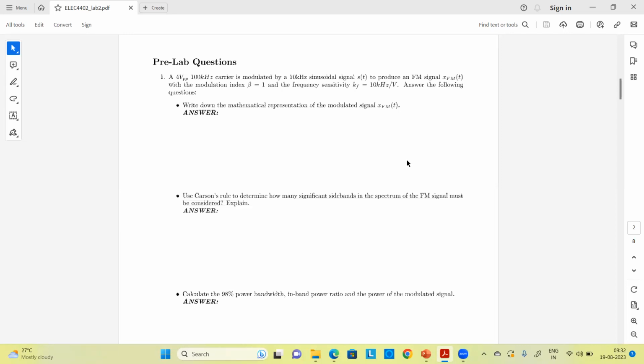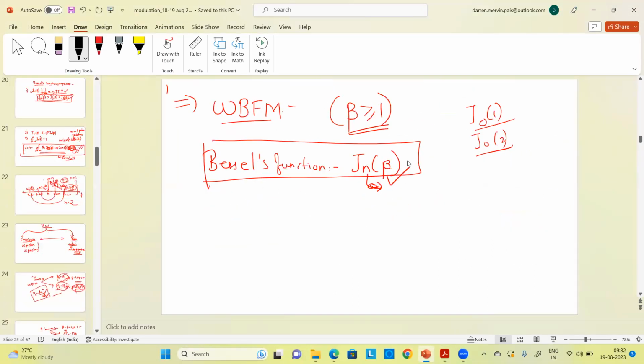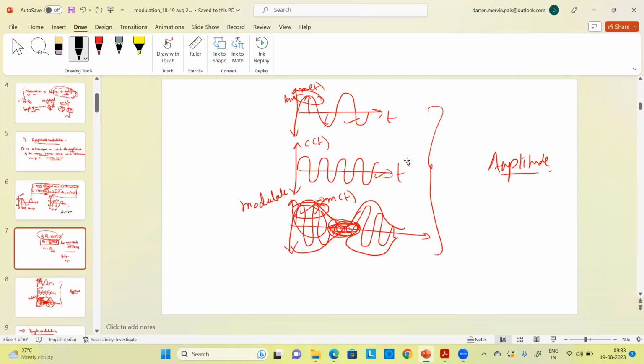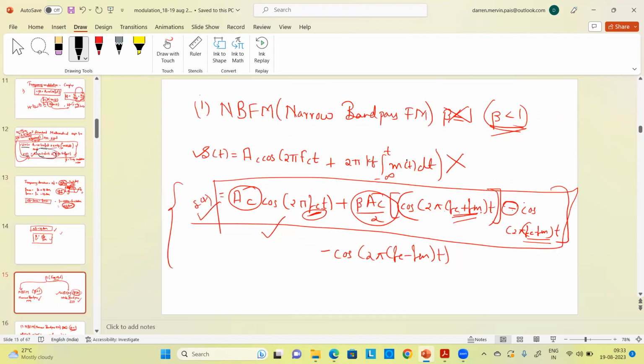See now, if you remember what we learned in the two standard definitions some time back, here are the two standard definitions of your FM signal. Either you use this, or you use this. So we'll try to use this. What does this equation say?